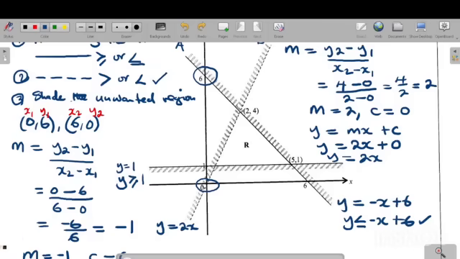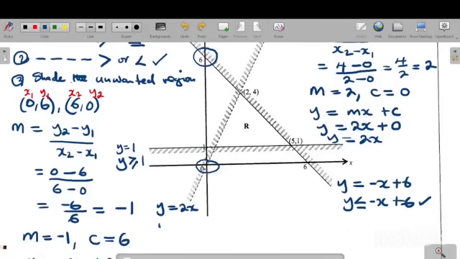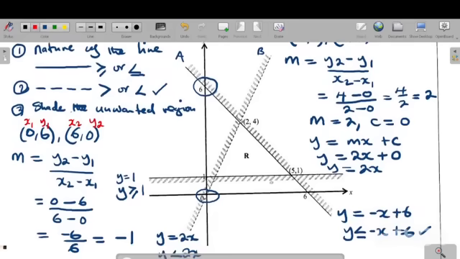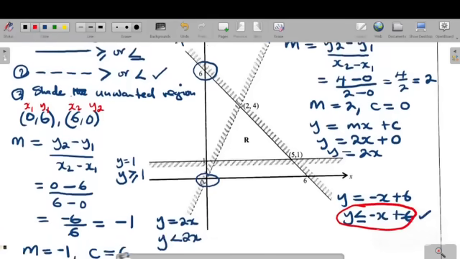So here you are going to have y is less than, because this is the dotted line, and also R is on the less part. So y is less than 2x. So the inequalities that define the region R are these that we found here.